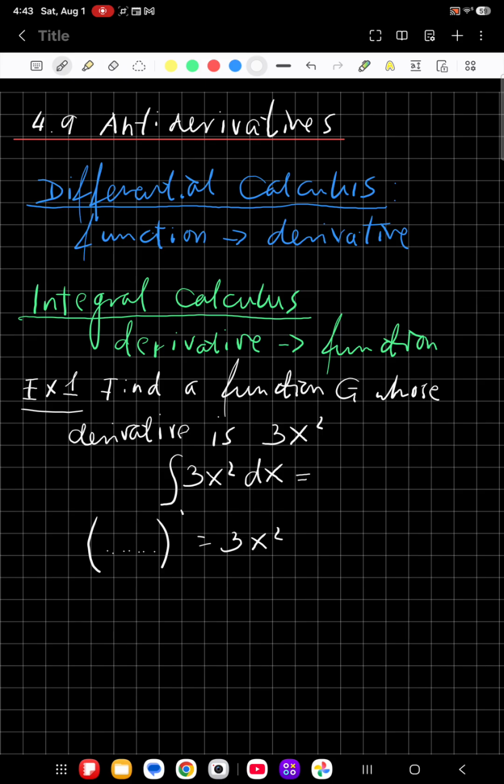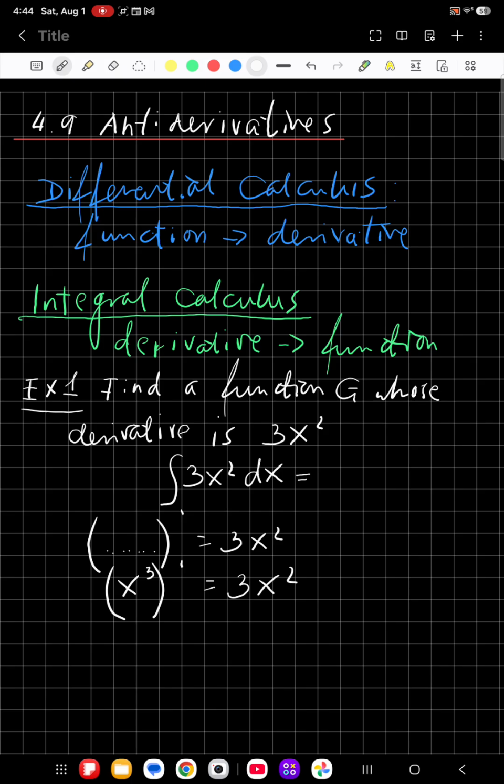I know you probably already know what that function is. The function under the derivative is x cubed. So I hope you knew that. So we could write it like this: x cubed, now I'm taking the derivative of it, is 3x squared.